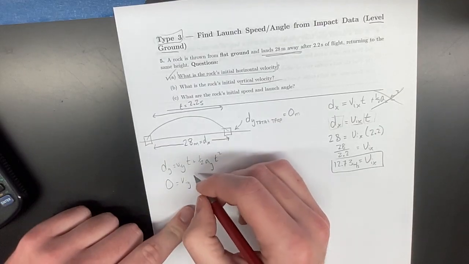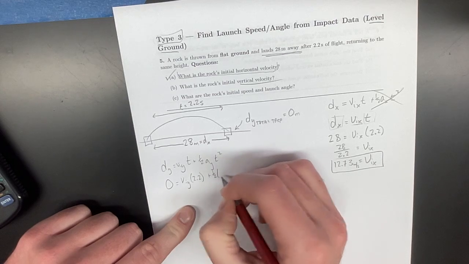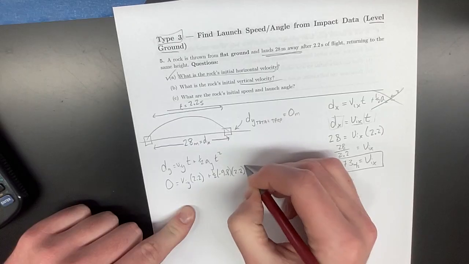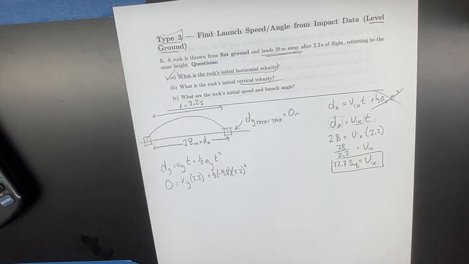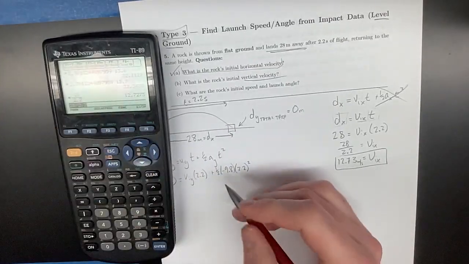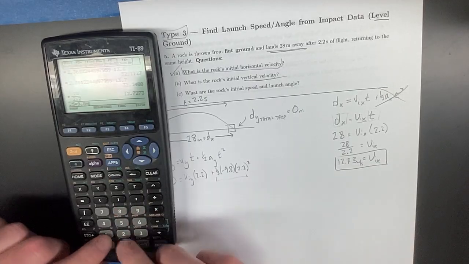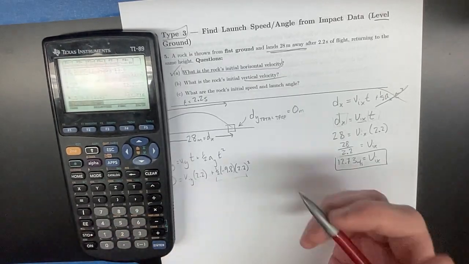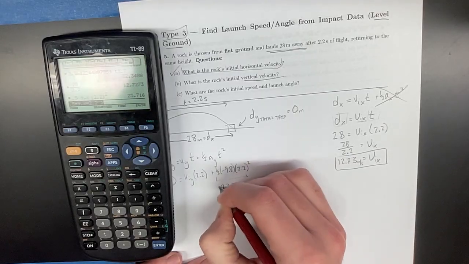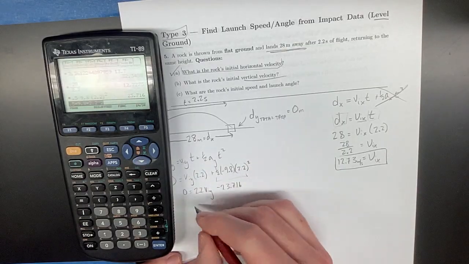VIY is what I'll solve for. Alright, so I'm going to calculate that real quick. Negative 2.2 v initial y equals 0.